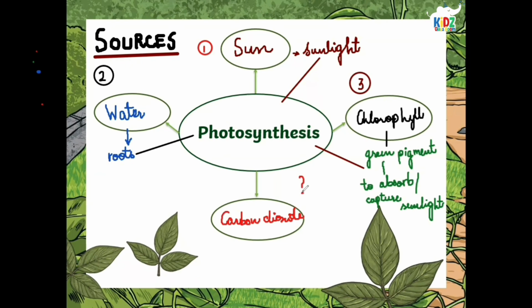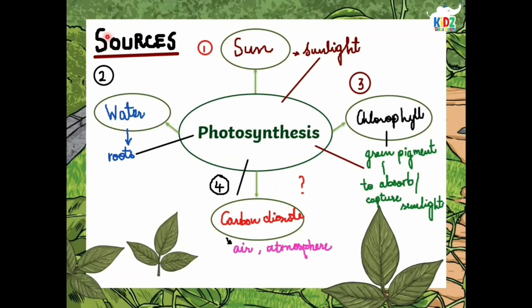We get carbon dioxide from the air, or we can say from the atmosphere. It's the same. We need carbon dioxide, which is our fourth source and also the last one. We need it to perform photosynthesis.